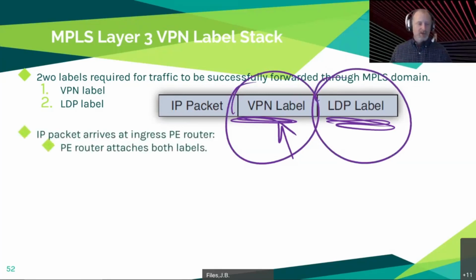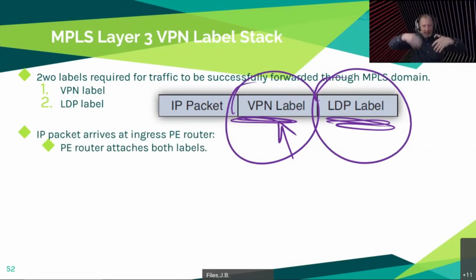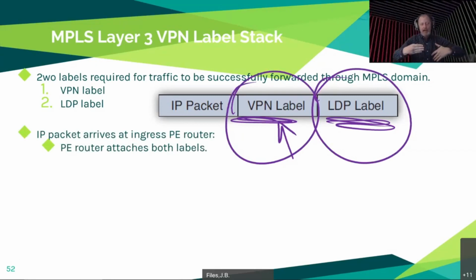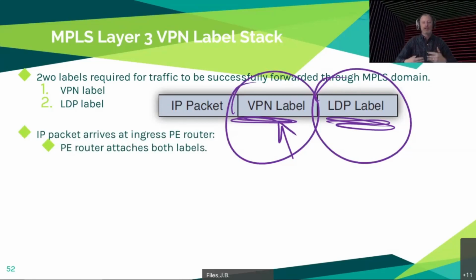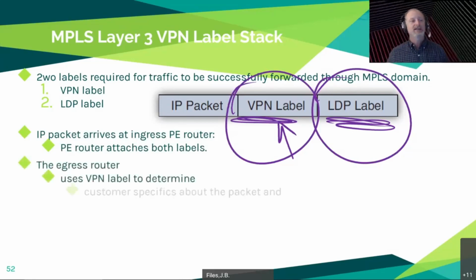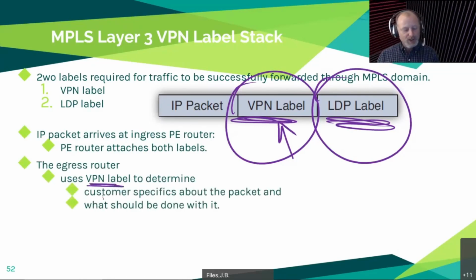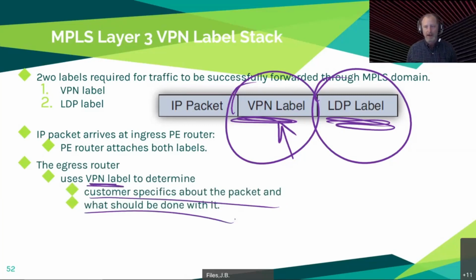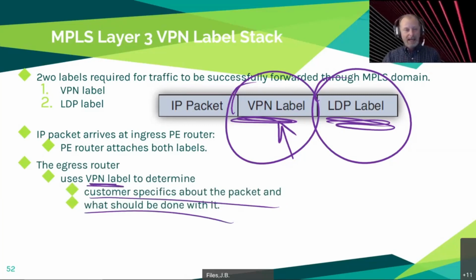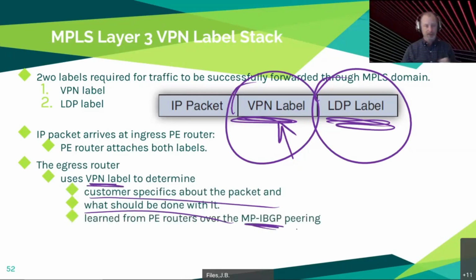So a packet arrives at the ingress provider edge router, and it's going to attach both labels, the MPLS label, the LDP, and then the route distinguisher for BGP. The egress router is going to use the VPN label to determine which customer this is for and what should be done with it. It learns that from iBGP.